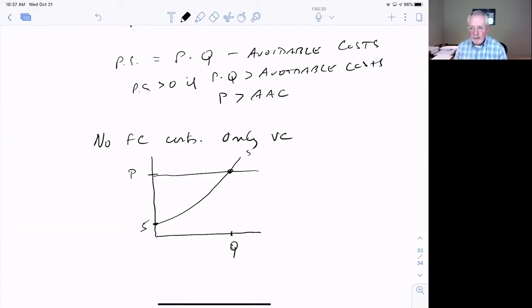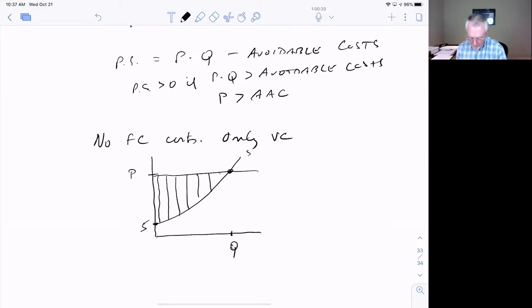To find the producer surplus, I would recognize that on the first unit, it would be price less marginal cost for that unit. On the second unit, producer surplus would be, again, market price less marginal cost of the second unit, the third unit, and so on.